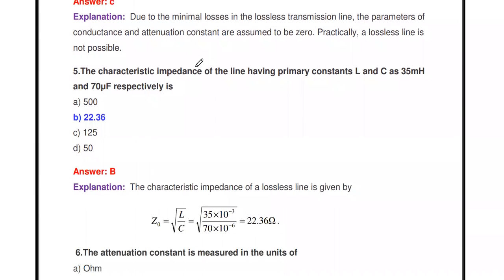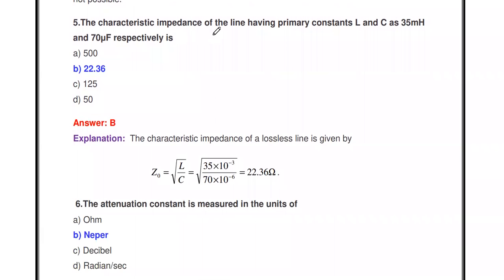Then the next one: the characteristic impedance of a line having the primary constants L and C as 35 millihenry and 70 microfarad respectively is dash. We have to find the characteristic impedance Z0 with L as 35 millihenry and C as 70 microfarad.